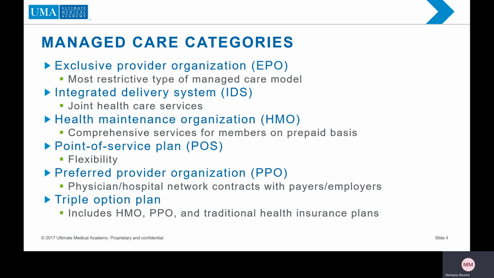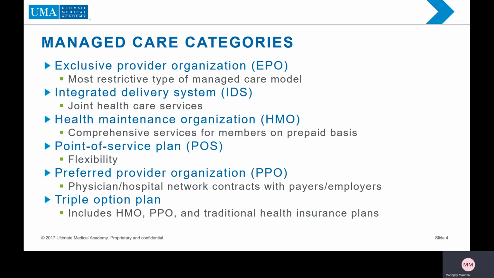The next one that we have on here is the Integrated Delivery System, or IDS. This is an organization of affiliated provider sites, such as hospitals, ambulatory surgical centers, or physician groups. And what they do is they offer joint healthcare services to subscribers, members, patients.